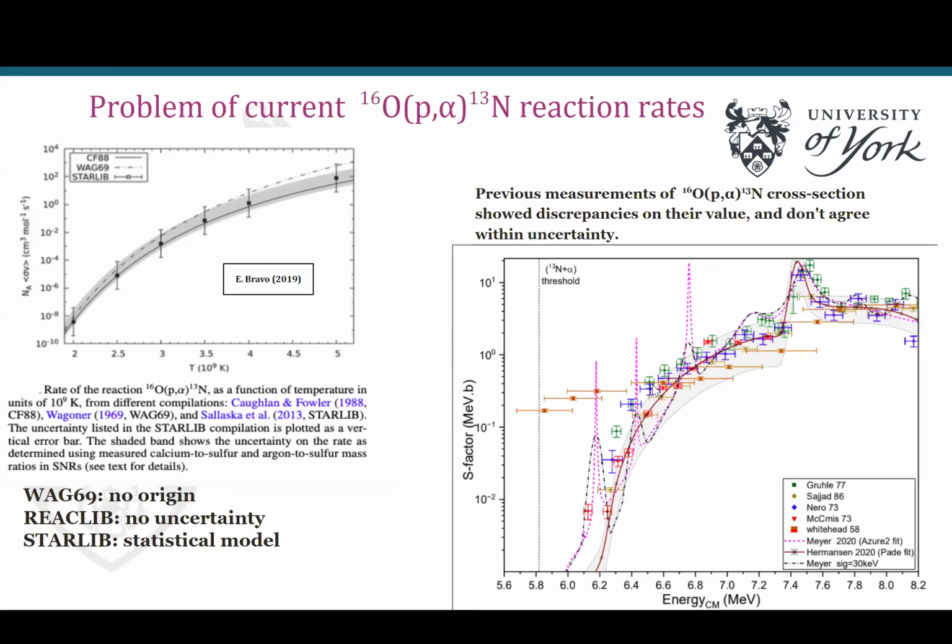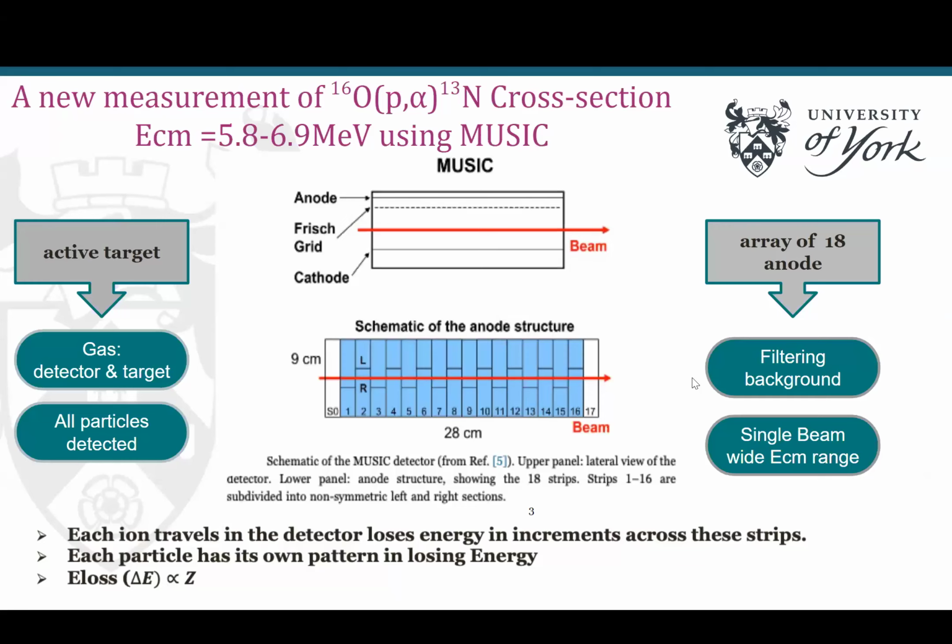And when we looked at the cross-section data, we found some disagreement between the data. So we did a new experimental measurement of this cross-section, so we can deduce a new reaction rate. The experiment was done using the multi-sampling ionization chamber, MUSIC.